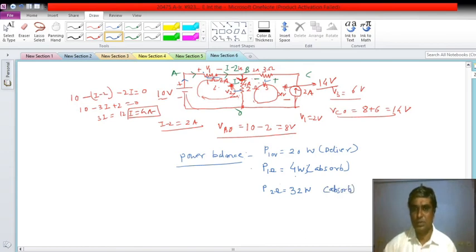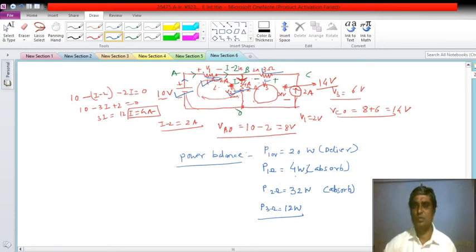Then let me calculate the power absorbed by the 3 ohm resistor. This is 6 and current is 2, so this will be 12. Is there one more remaining? Yes, this element, this element, this element finished. Now what is remaining? This current source.